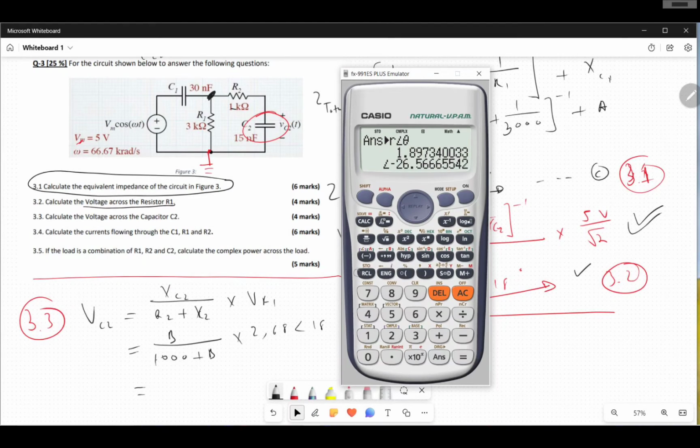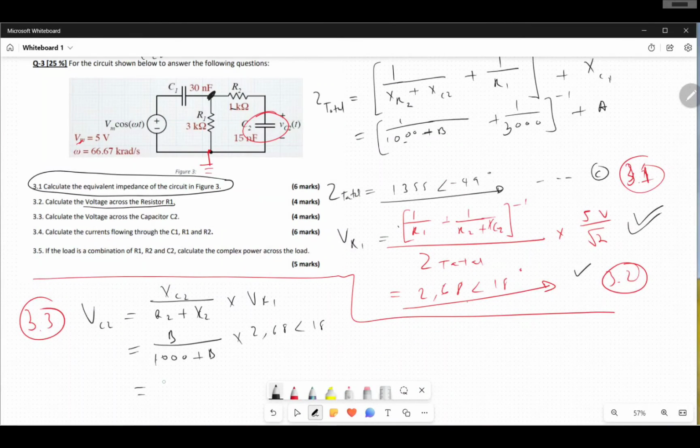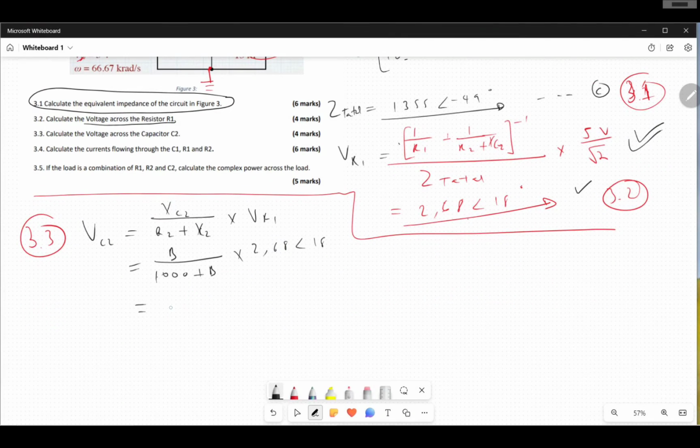Okay, shift store that answer at E. So the correct answer, from the calculator, I think I can round it off to be 1.90 angle negative 26.57 degrees, and I store this answer at E if I remember very well.